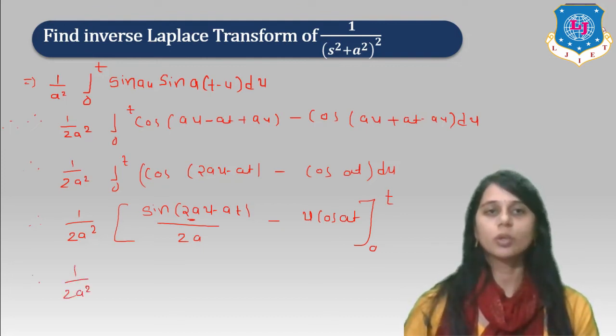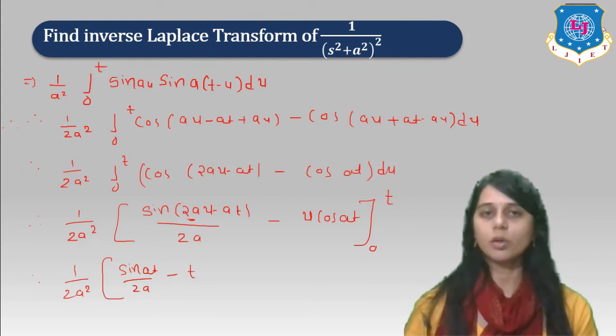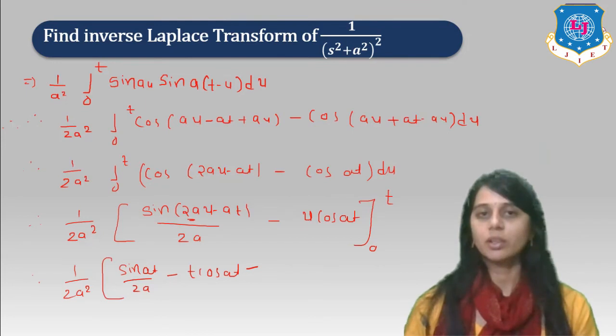Upper limit minus lower limit: we get sin(2at minus at), so it is sin at by 2a minus t cos at. Applying 0 in the lower limit, sin of minus at, and due to the odd function, the minus sign gives sin at upon 2a.